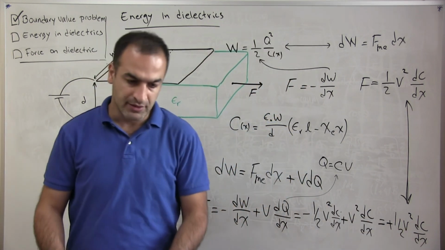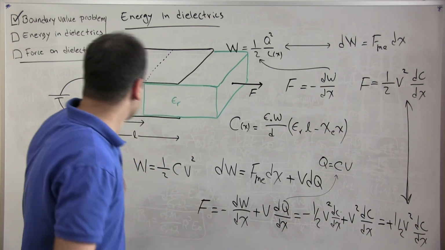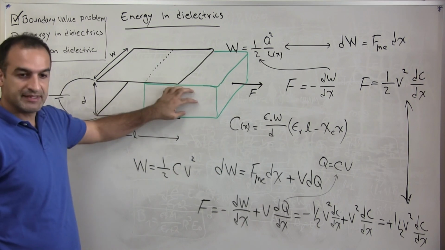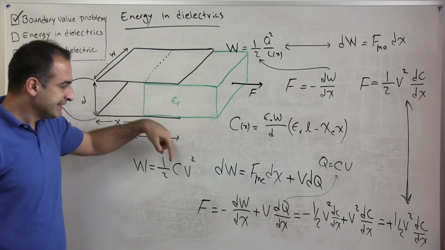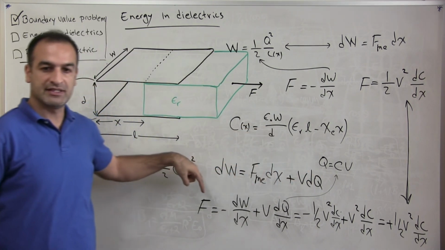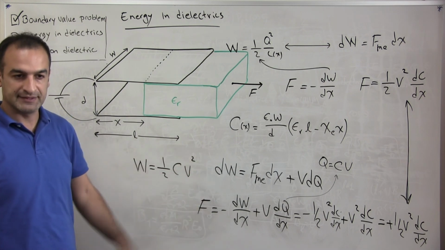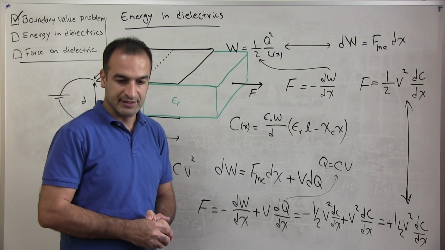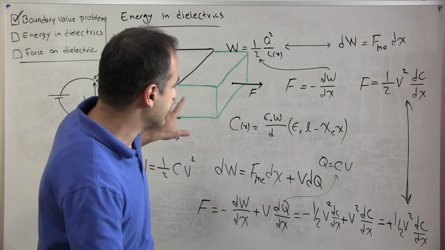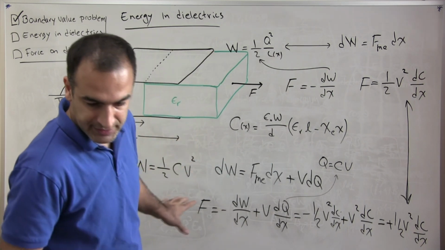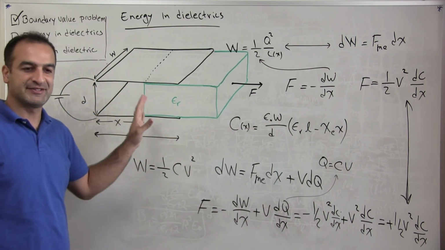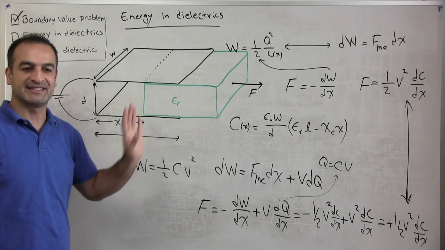So whether you keep the battery connected or not, at the end the force is going to be the same, but the way that you need to set up the conservation of energy equations is different. Sounds good? This is one of the examples in the book, by the way. I don't know which one, but if you look at the chapter on forces in electrostatics, this is the only example there.